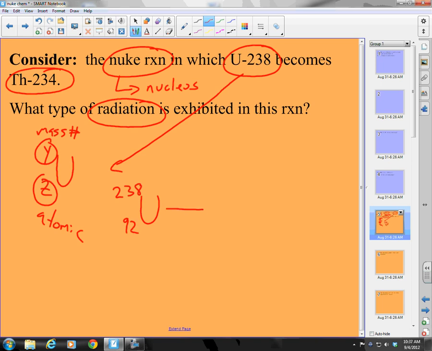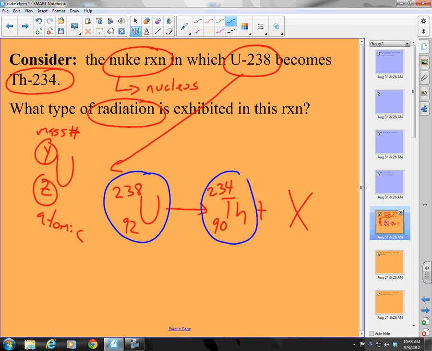And it is somehow going to end up being thorium-234. My 234 goes here. For thorium, I look at the periodic table and I get a 90. Now, what's missing? Something has been spit out from my uranium-238 to leave me with thorium-234.